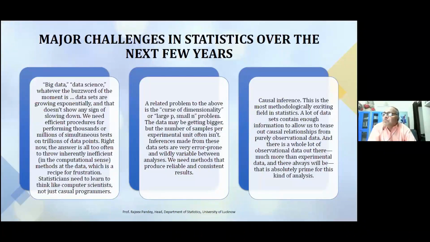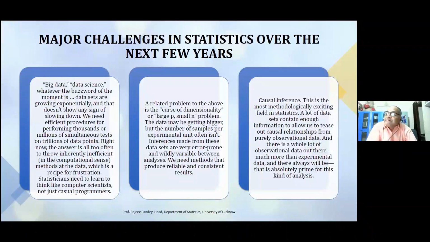And I think the third one is causal inference. This is the most methodologically exciting field in statistics. A lot of data sets contain enough information to allow us to tease out causal relationships, as Dr. Kulkarni was showing in different case studies of Swiggy, Zomato, and other companies.